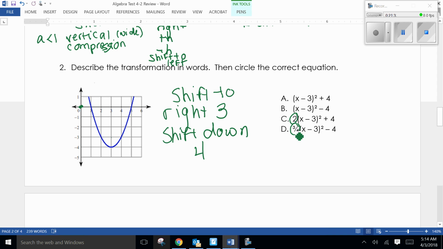Technically, you would be given your parent function to tell if it's wider or narrower. So I'm not going to worry about that. Just make sure that you know your options would need to be B or D. Don't worry about these a values and which one those would be. The question will be more clear so that you can determine that.